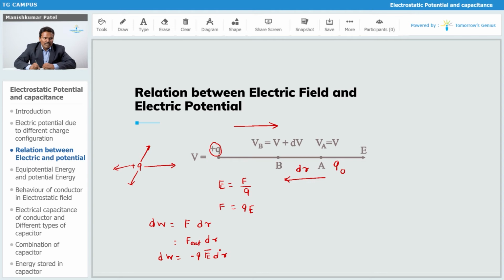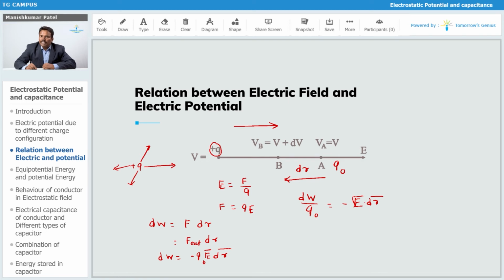This E is also a vector quantity and dr is also a vector quantity. If now you take that dW upon Q0, for example, it is equal to minus E bar dot dr bar.